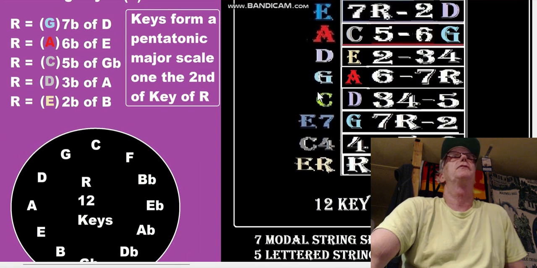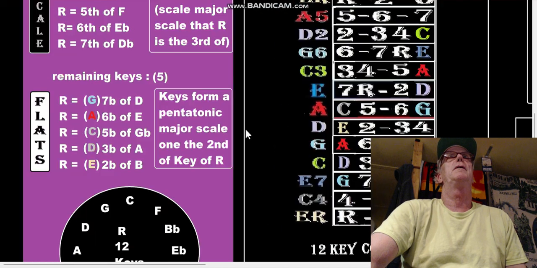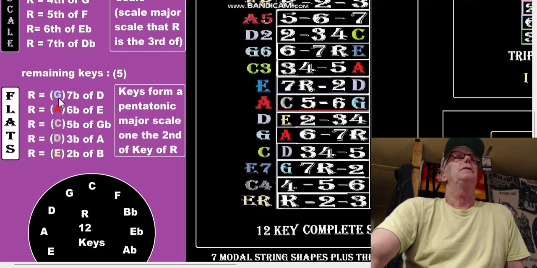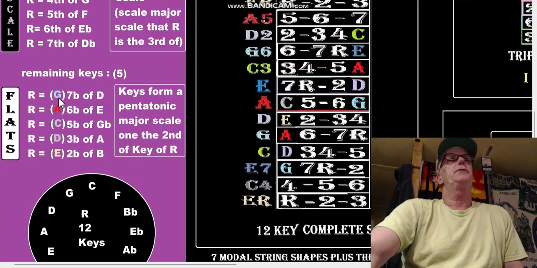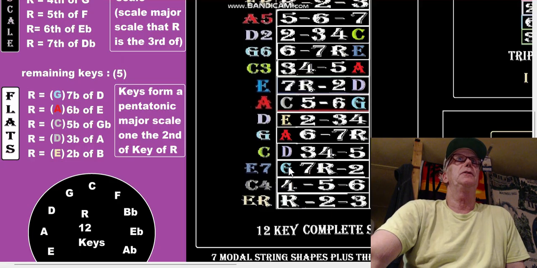So this first one here, let me just zoom out a little bit. When root equals C, it is the 7th flat of D. So the key of D. So it's the G note right here, 7th flat.